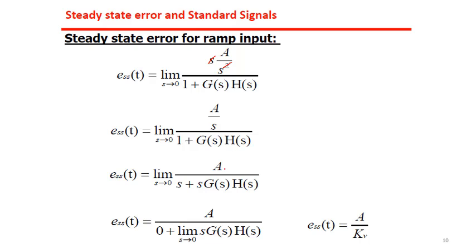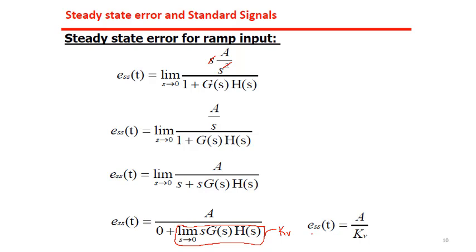Then applying the limit inside these equations, we get ESS equal to A divided by 0 plus limit as s tends to 0 of s into G of s into H of s. So the limit in the denominator, limit s tends to 0 of s into G of s into H of s is replaced by a velocity constant, that is Kv.